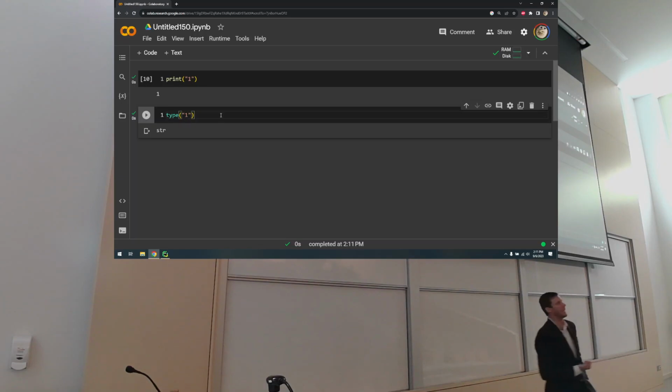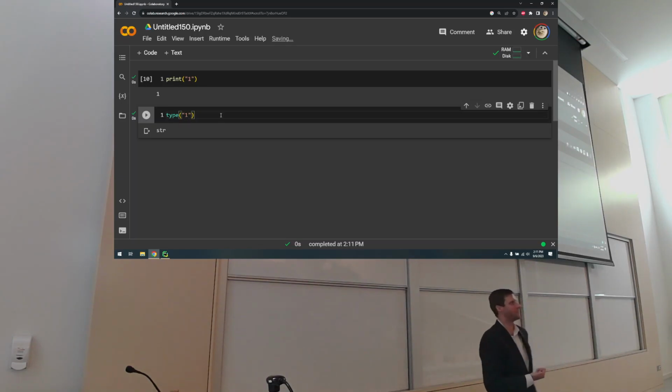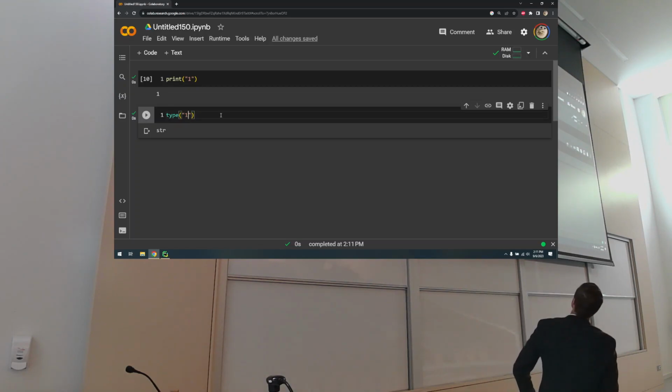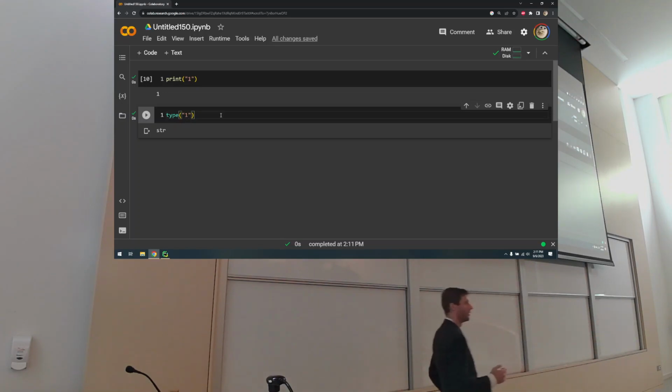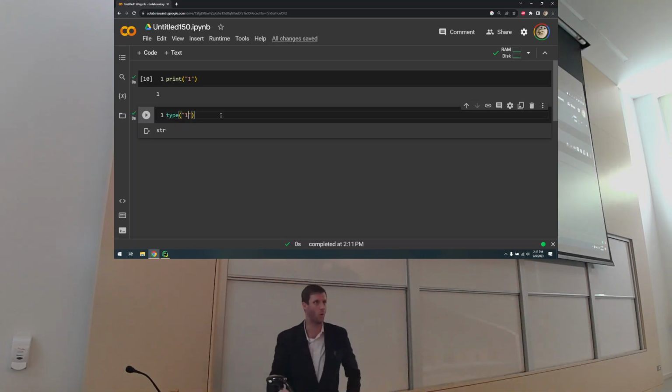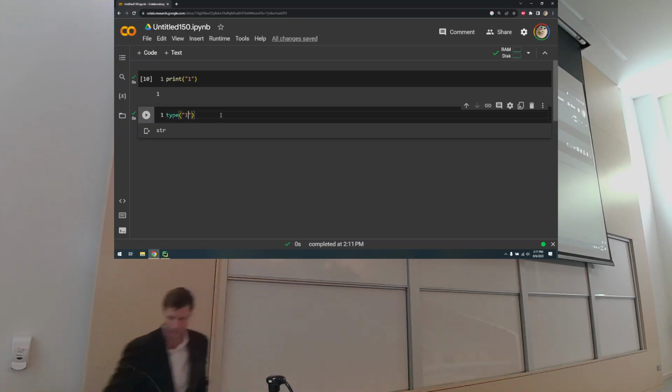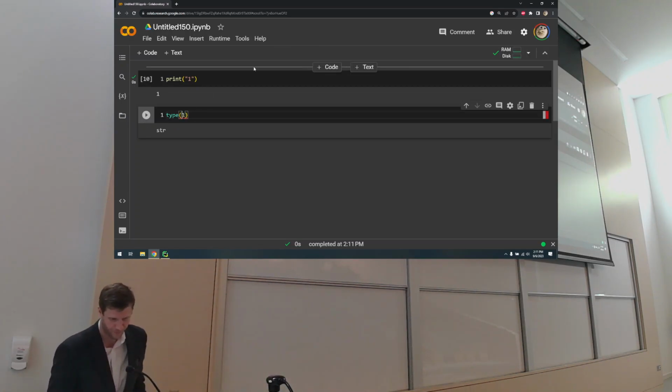And here's why. Although 1 is an integer, I didn't give it the integer 1. I gave it the string 1, the string containing the character that is also the symbol for the number 1. And the reason I know that is, well, Python is telling me, but also I put it in quotes.